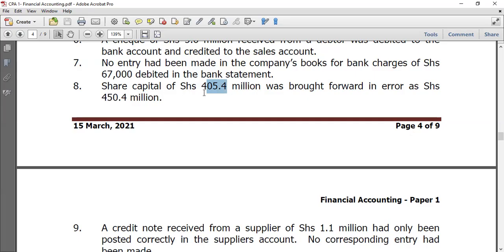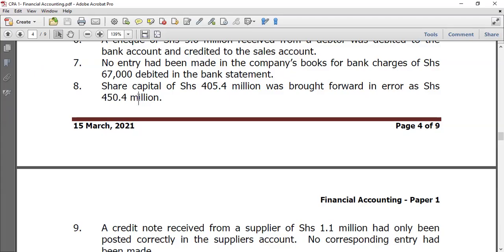So ideally, for us to correct this error, we have to get the difference to see by what amount our credit side is higher. Because the share capital has a normal credit balance, it has a credit effect on our trial balance.